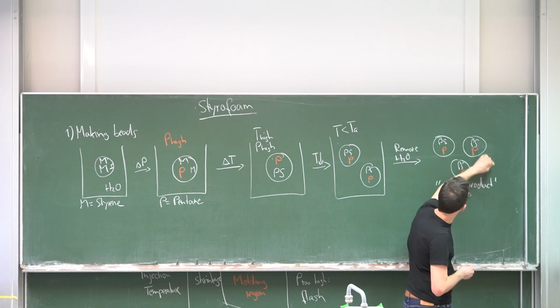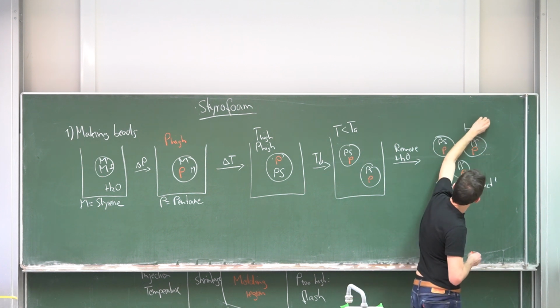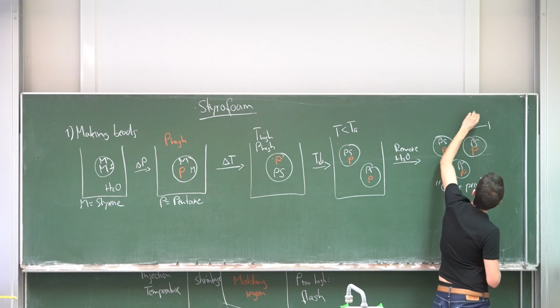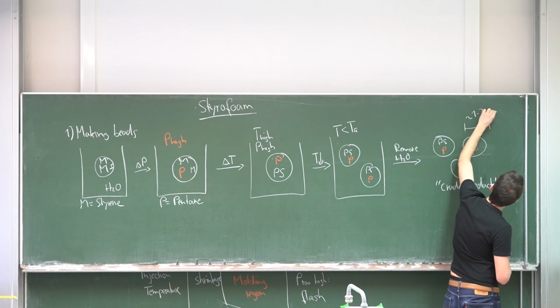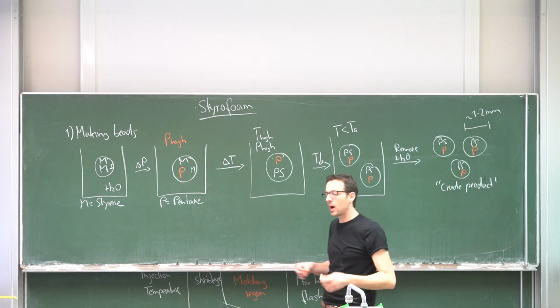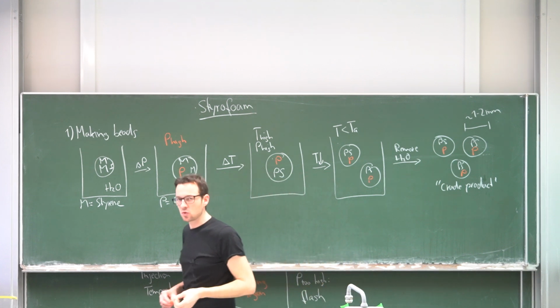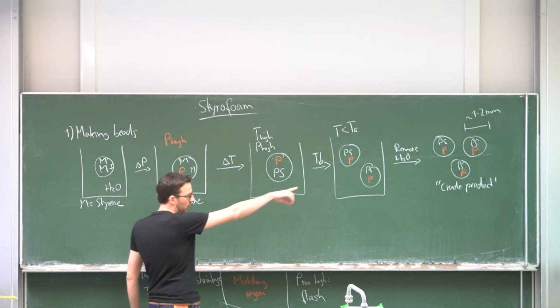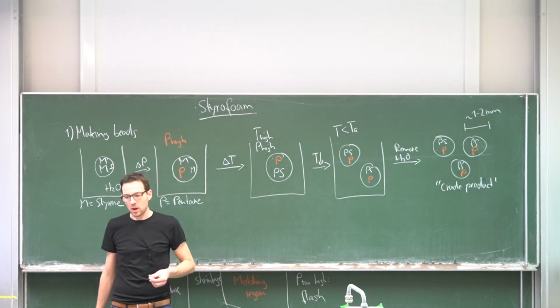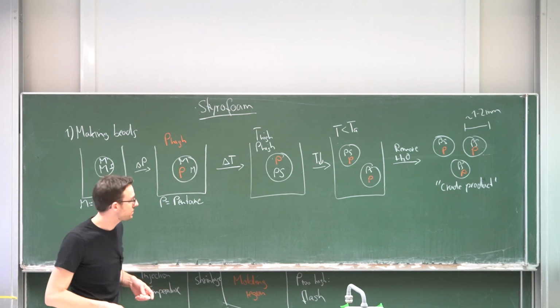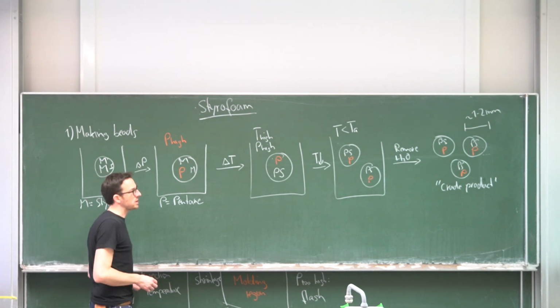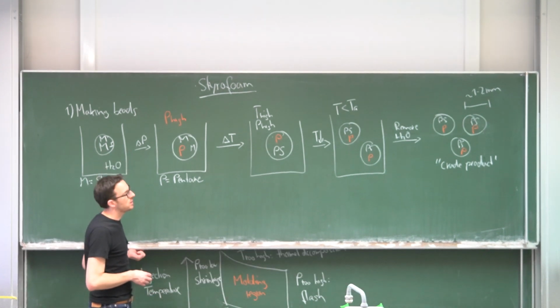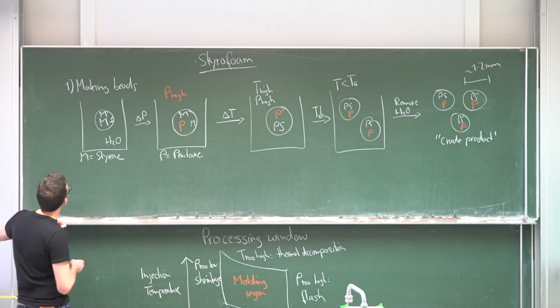And the dimensions of these spheres are approximately 1 to 2 millimeters. So depending on your point of view, either very large if you're used to nanoparticles, or fairly small if you're used to bulk materials. But now these you can simply buy in a big bag of plastic. And now we need to see how this is converted into your styrofoam.